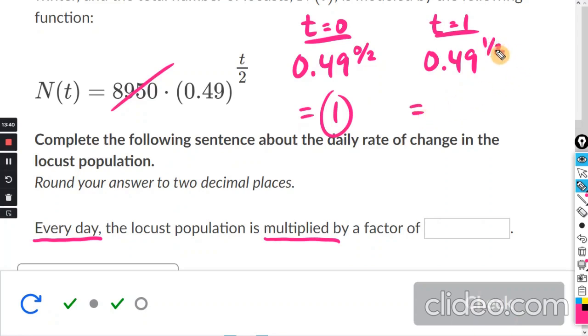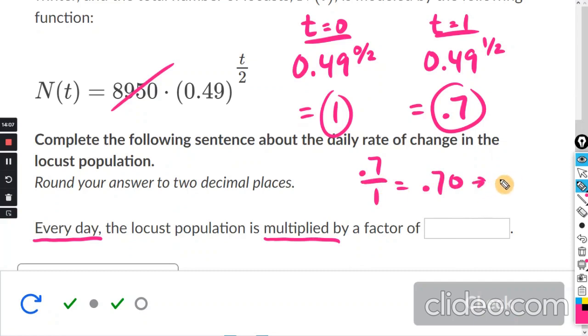Remember, 1/2 is the same as taking the square root. I know the square root of 0.49 is just 0.7. You could do that on the calculator if you like, but 0.49 to the 1/2 is 0.7. So I take this and divide by the previous value. 0.7 divided by 1, that's just 0.7, which is the same as 0.70.